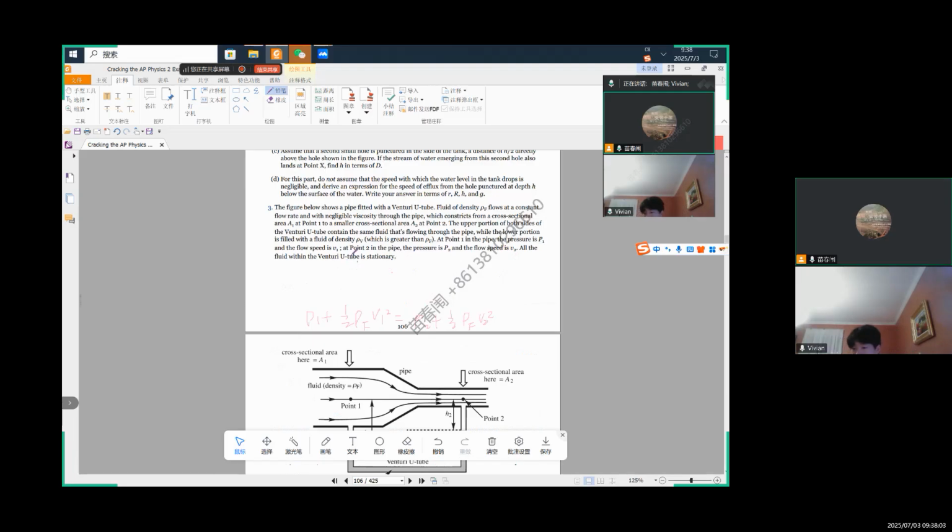V2 and V1. Well, just remember this one is always combined with the continuity equation, right? I'm going to write the continuity equation anyway. A1 V1 equals A2 V2, right? They have to give the A1 and A2. Cool.